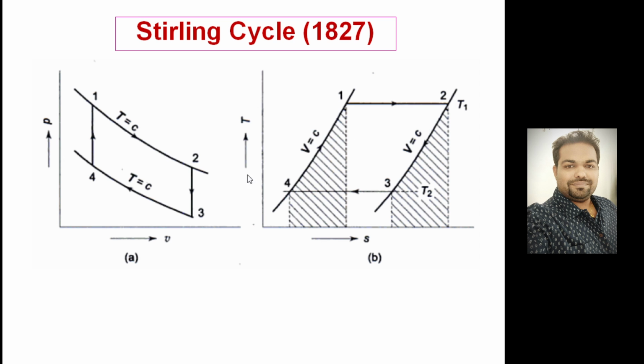So if we draw this over the temperature versus entropy diagram, these are the constant volume processes, these are the constant temperature processes. Process 1 to 2 is the heat addition at constant temperature, followed by process 2 to 3, which is constant volume heat rejection, and then compression. The area under the curve between 1 and 4 and 2 and 3 represents work, work of expansion, work of compression.